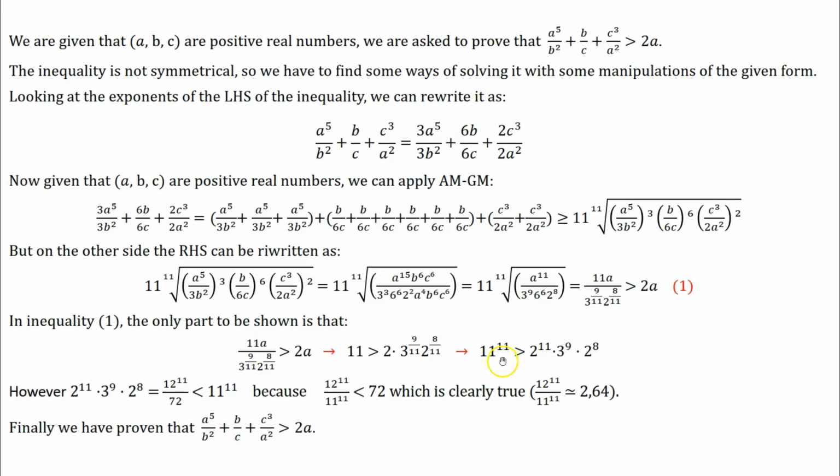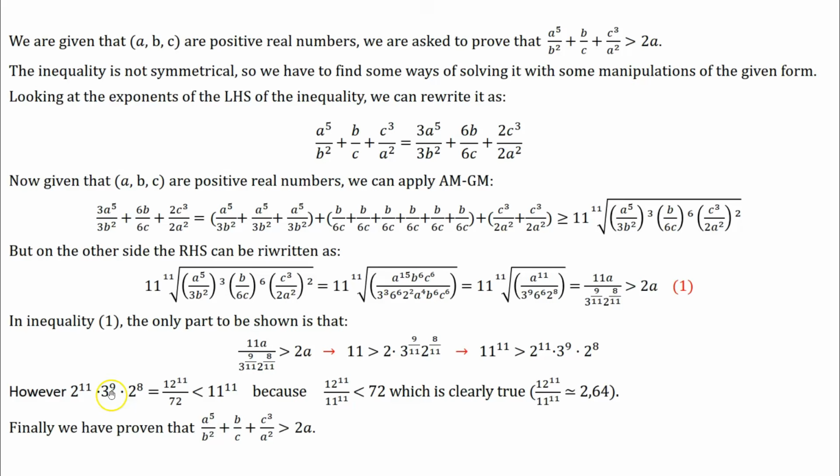Or if we raise both sides to the 11th power, we need to prove that 11 to the power 11 is greater than 2 to the power 11 times 3 to the power 9 times 2 to the power 8. However, we see that this expression is related to 12 to the power 11.